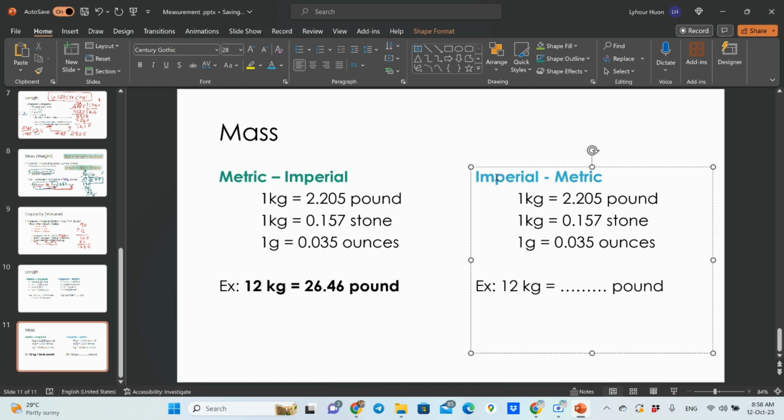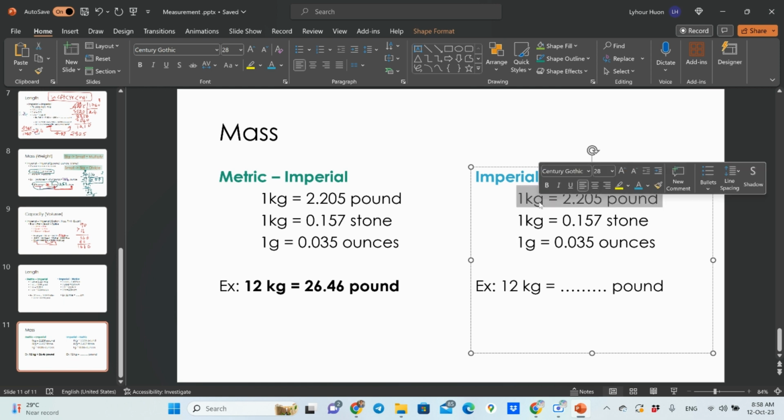And next is from imperial to metric. We convert from pounds, it's just the reverse.